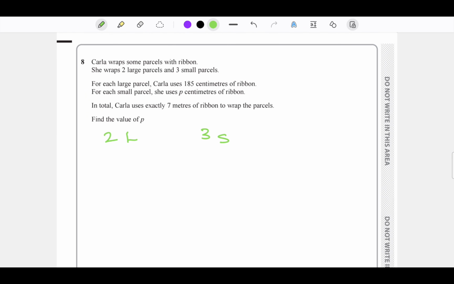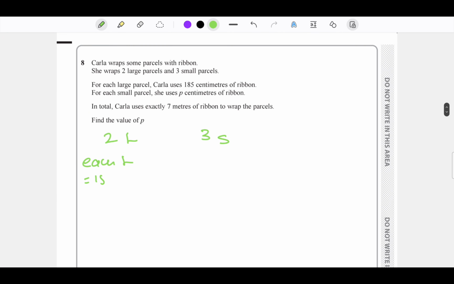For each large parcel, she has used 185 centimeters. For each small parcel, she has used p centimeters of ribbon. In total, she has used 7 meters of ribbon. Find out the value of p.